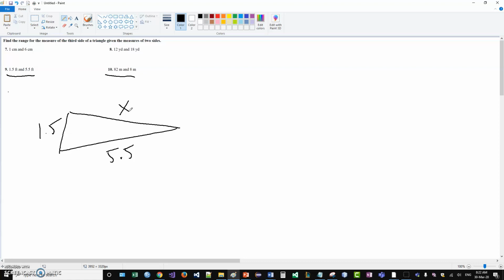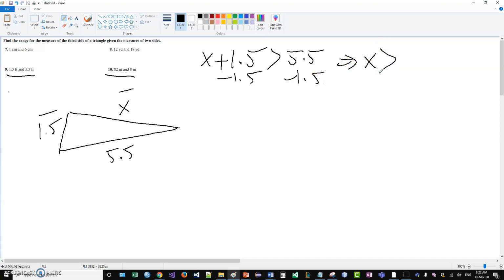So if this is 1.5, this is 5.5, then the third side would be an x. According to the triangle inequality theorem, the sum of any two sides should be greater than the third side. So x plus 1.5 should be greater than 5.5. Minus 1.5 from both sides, x greater than 4.